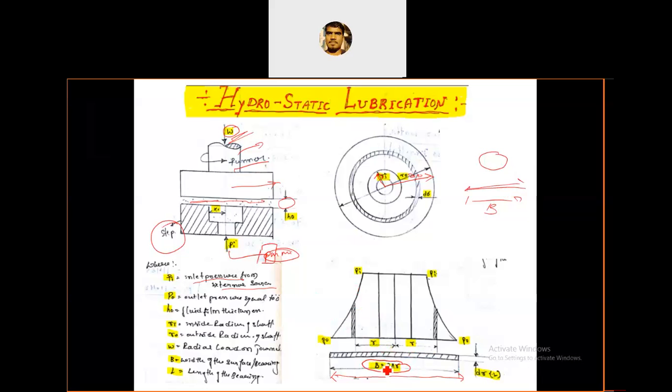The circumference of a circle is 2 pi r. Clear? That is the width B. The B value is 2 pi r. The same fluid film is circular, but when we unwrap it, it becomes straight, and that width is 2 pi r.